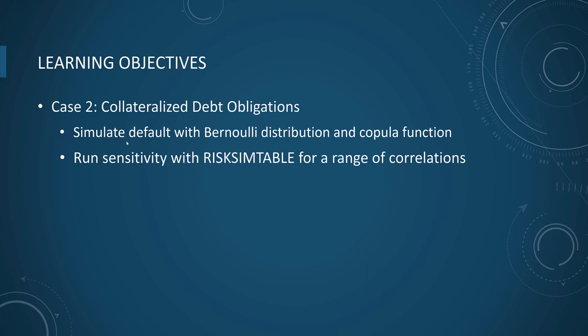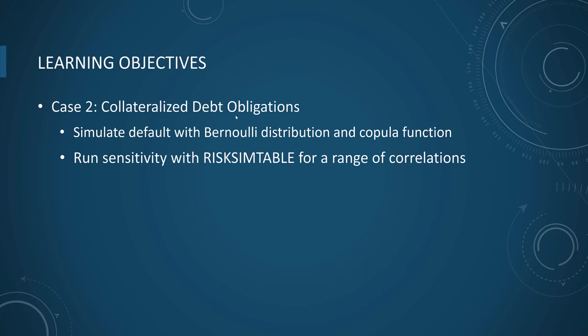So we're going to look at a portfolio, right? Whether the portfolio will default or not is going to be simulated using a Bernoulli distribution. Now we're going to be looking at an example with just two CDOs.